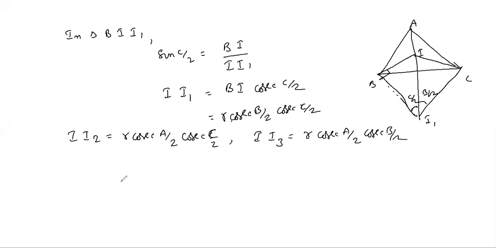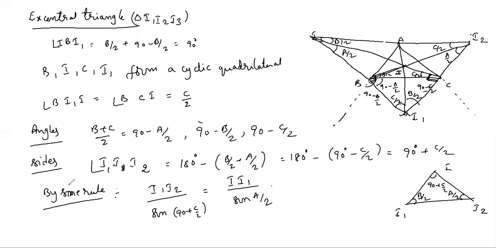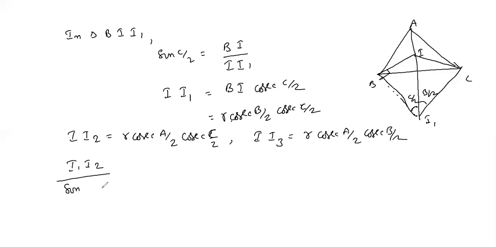Now from the last one, I1I2 over sine (90 plus C by 2) equals II1, which we get here as R cosecant B by 2 cosecant C by 2, over sine A by 2.